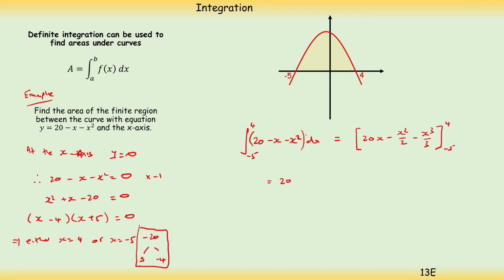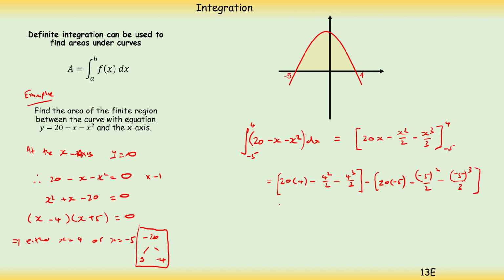Right, so that's going to be 20 times 4 minus 4 squared over 2 minus 4 cubed over 3 minus 20 times minus 5 minus minus 5 squared over 2 minus minus 5 cubed over 3.